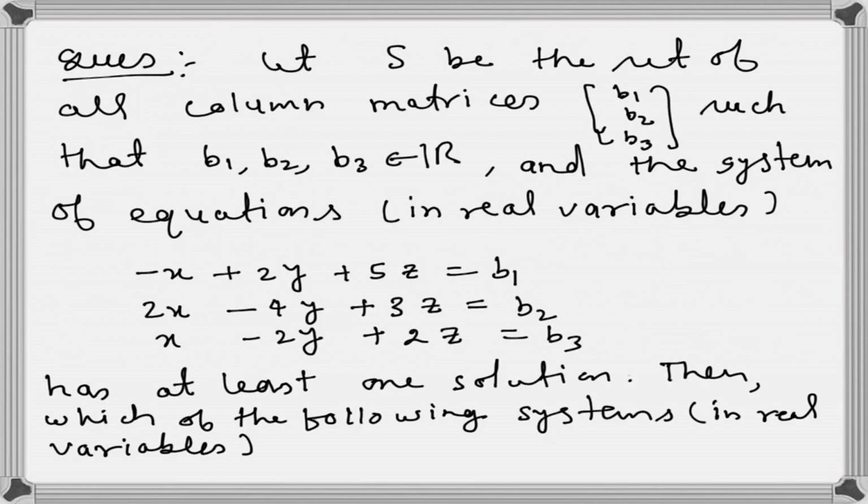So what is the condition? Condition is that this system has at least one solution. So S is the set of all those b1, b2, b3 for which this system has at least one solution. Okay, so let's first form the set S.